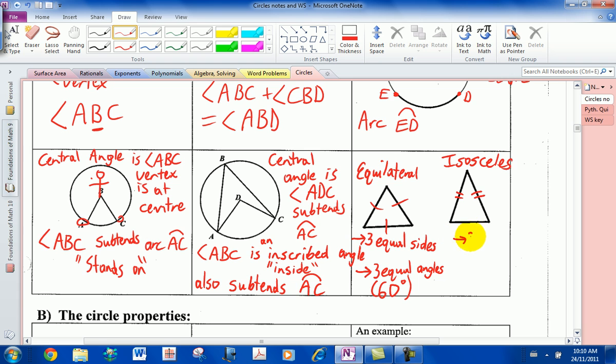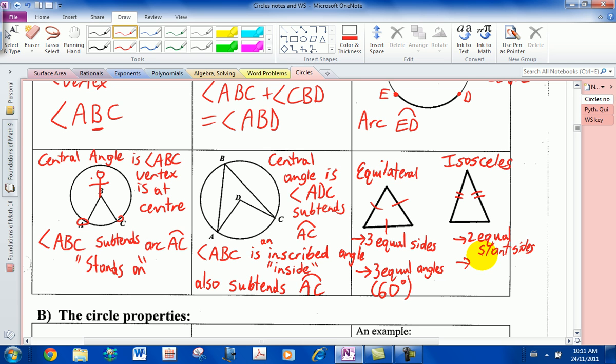So we have 2 equal, and what was a special name for those sides? 2 equal slant sides. What else do we know then about that triangle? Cole?